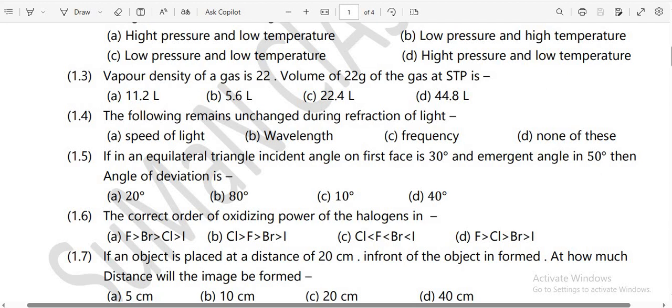1.4 The following remains unchanged during refraction of light.